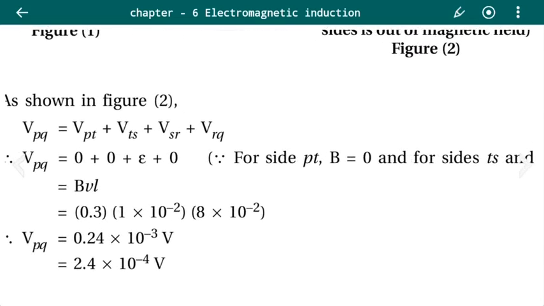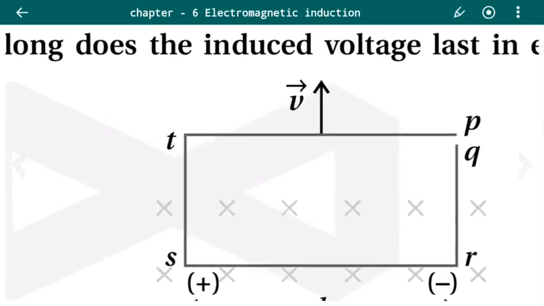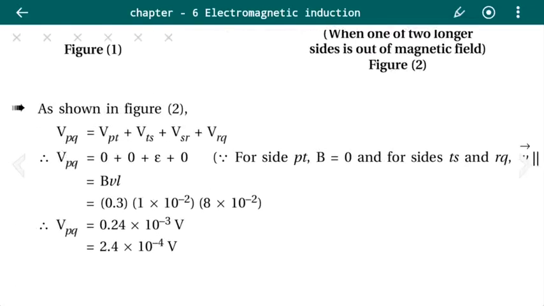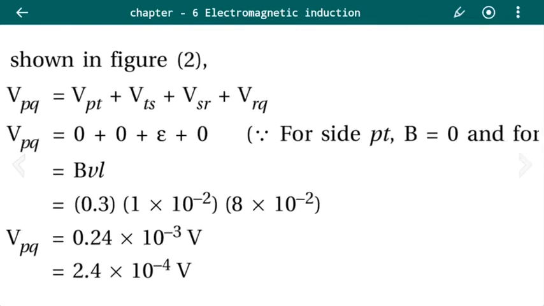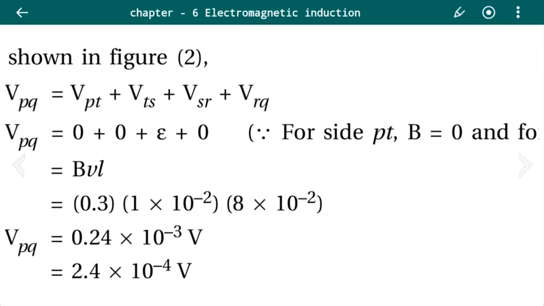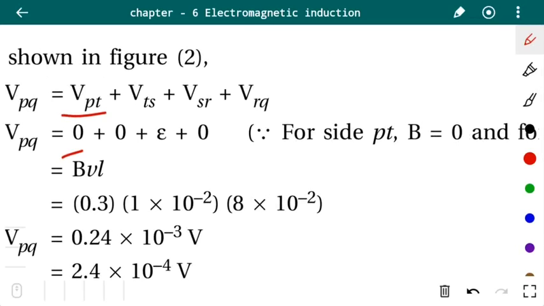And over here, for side PT we can see that it is not in the magnetic field region. So for that B equals 0, so for PT it is equal to 0.